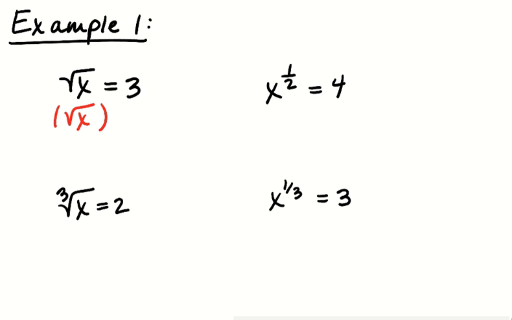So I got square root of x squared equals 3 squared. And if I square the square root of x, it's going to be x. And then this is 9. Now, since I did square both sides of the equation, I'm going to need to check my answer.